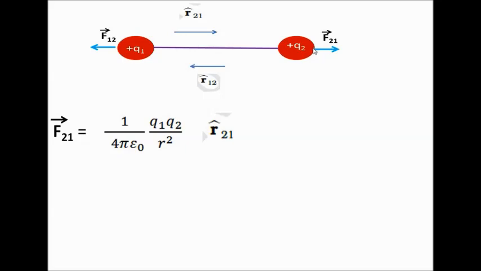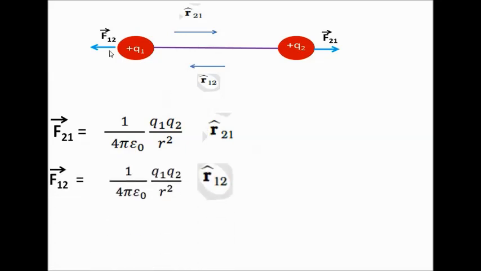So to represent the force along this direction, we have to take the unit vector acting along this direction, and that is r cap 21. r cap 21 is the unit vector acting from 1 to 2. So the direction of F21 is along r cap 21.